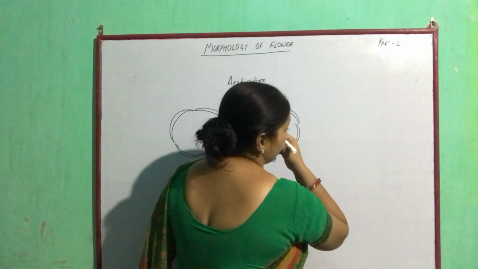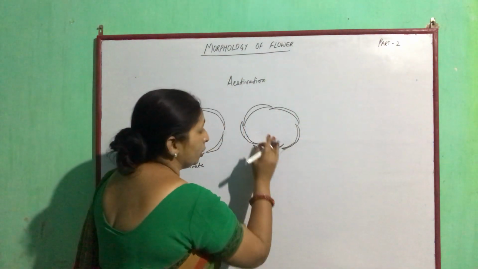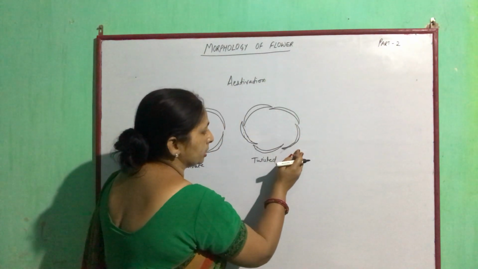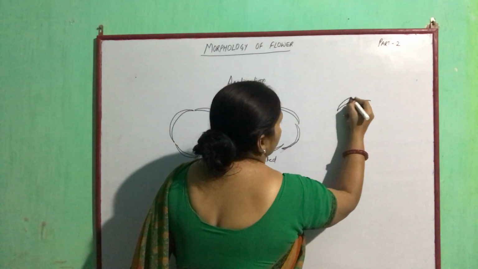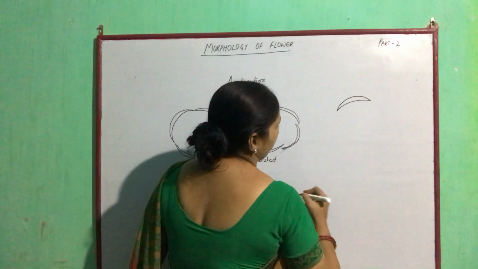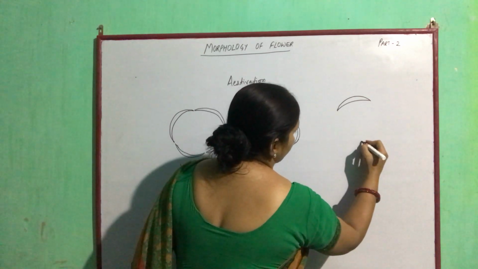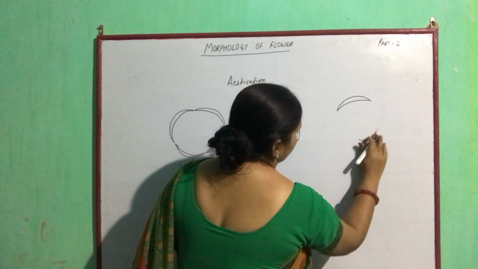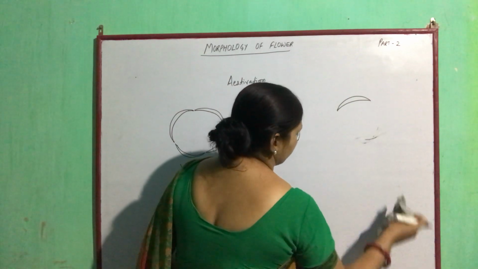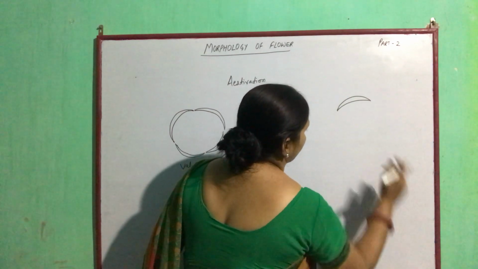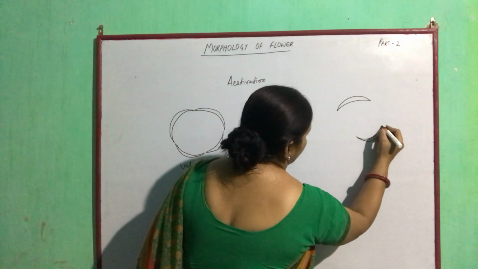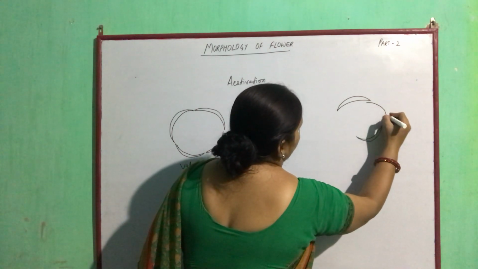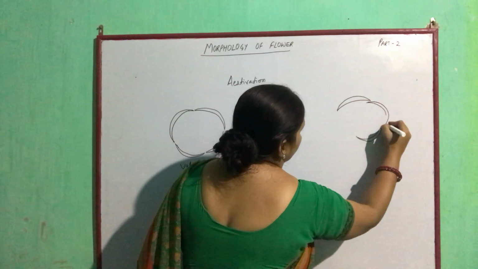One more is there, which is similar to the twisted, but the difference is that one of the sepals or petals is completely outside and one is completely inside, and the rest, one inside, one outside.